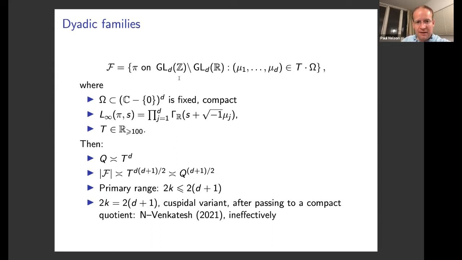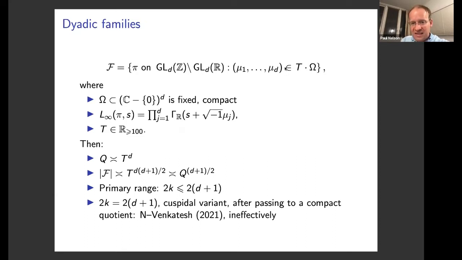And by this, I mean, we'll take everything on GLD with no restriction on central character, with the property that the D numbers that I've called mu1 through mu D that show up in the functional equation. So the mu j's are the shifts in the gamma functions that show up when you write down the Archimedean factor for the L function. That's the notation.